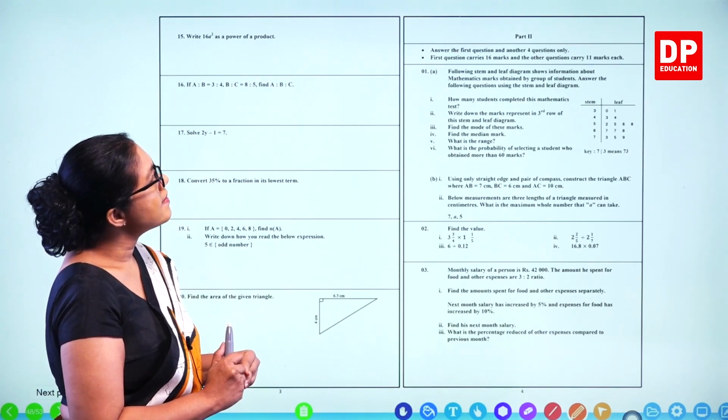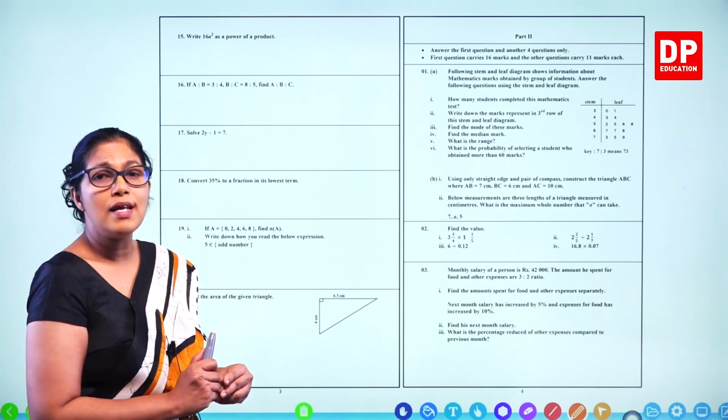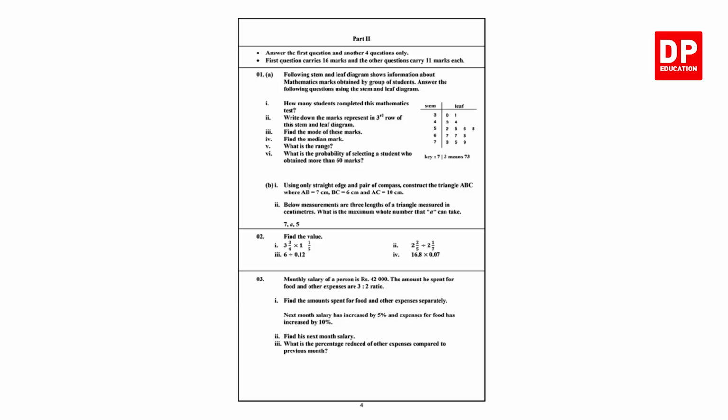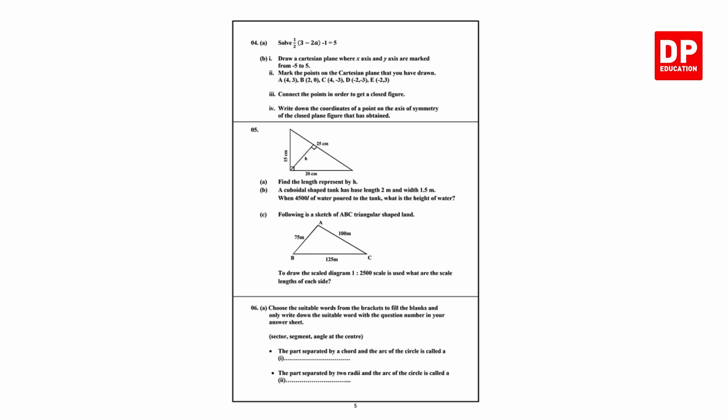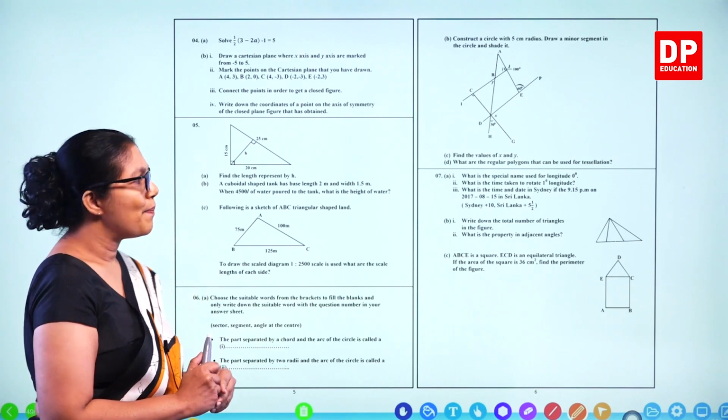And then you can select any other 4 questions, each question worth 11 marks. So in this paper you get question number 1, 2, 3 and on the next page 4, 5, 6, and 6 part B, and 7 on the last page. So let's do this paper now.